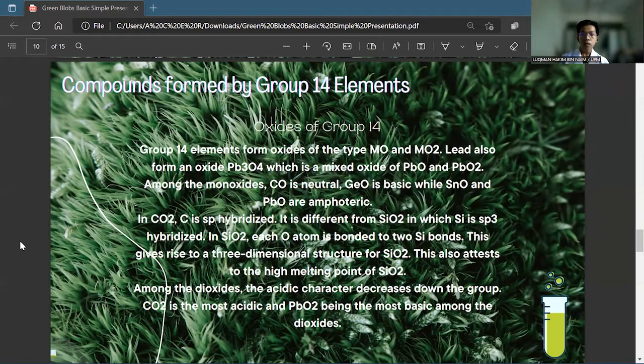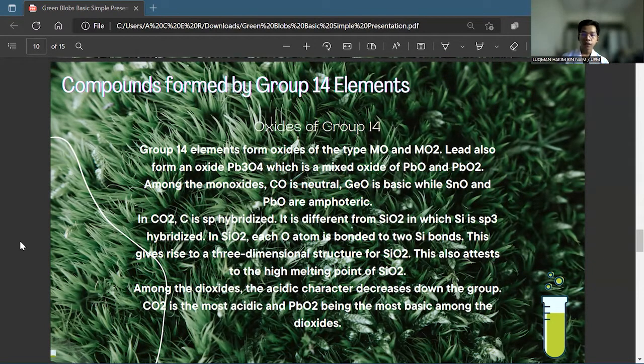In CO2, C is sp hybridized. It is different from SiO2, in which Si is sp3 hybridized. In SiO2, each O atom is bonded to 2 Si atoms. This gives rise to a three-dimensional structure for SiO2, which also accounts for the high melting point of SiO2.